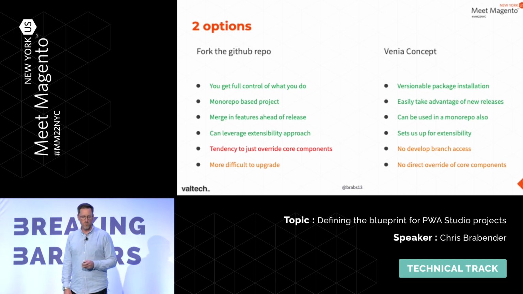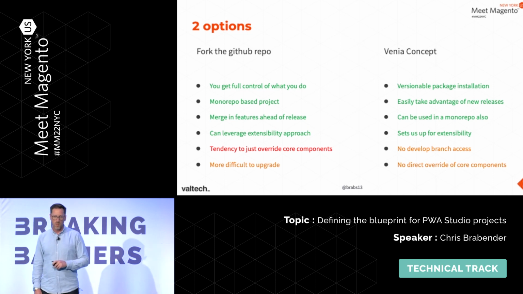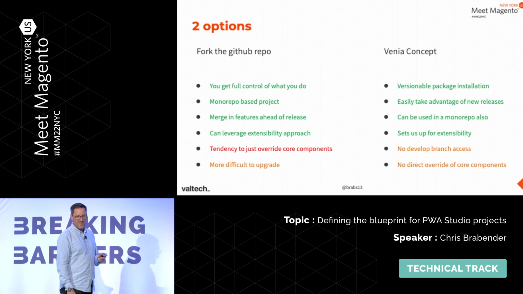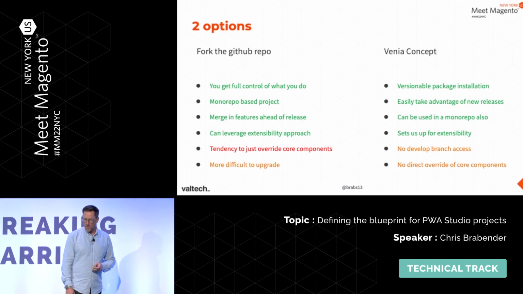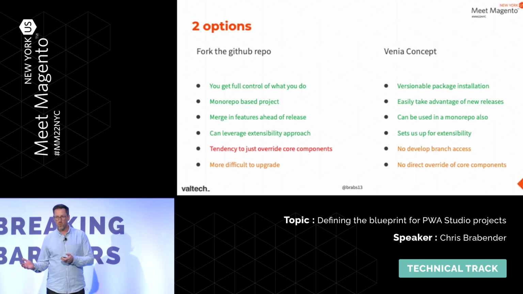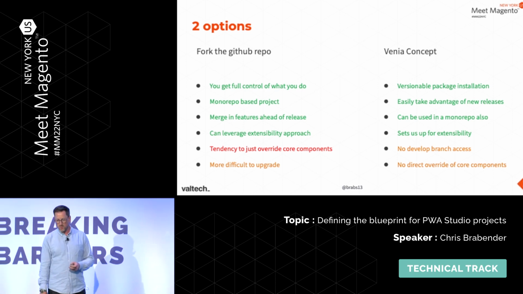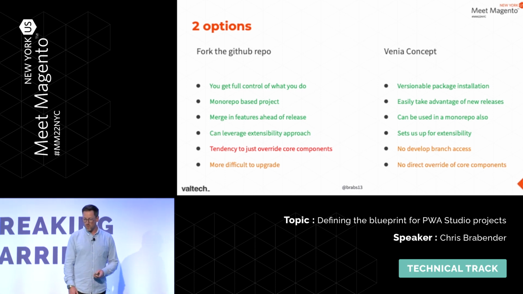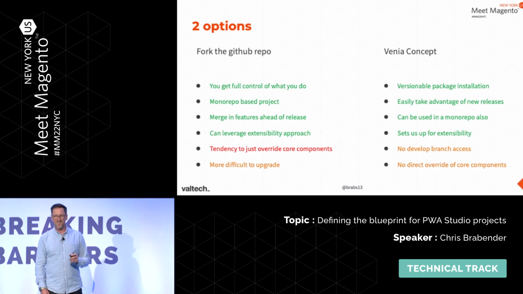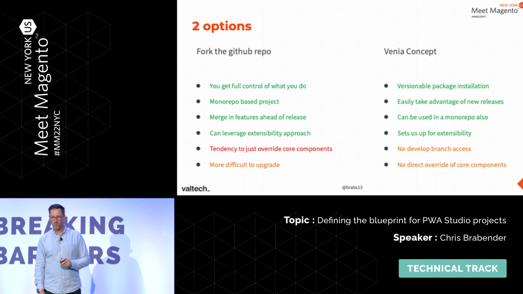The one option we want to work with is Venia concept. We have versionable packages which we can install. We can easily take advantage of those new features by using an npm update. And then we can easily use a monorepo in this approach as well. And it does set us up properly for extensibility. We don't necessarily have access to the develop branch, though.